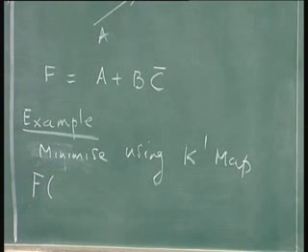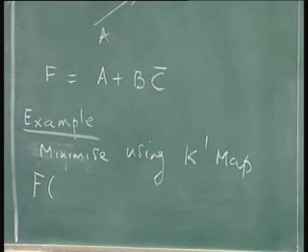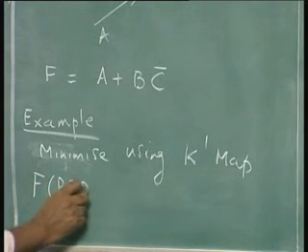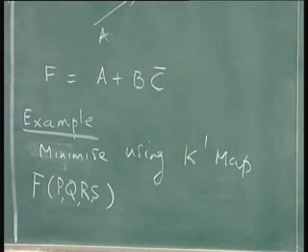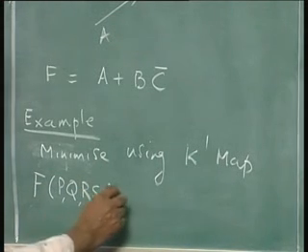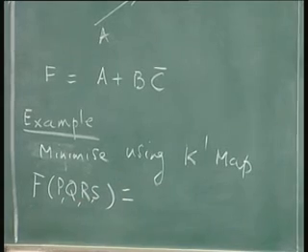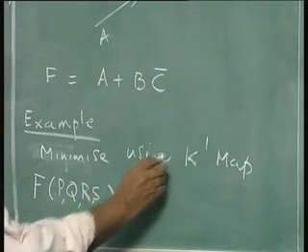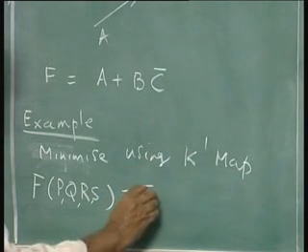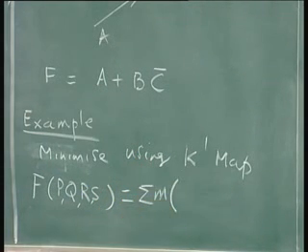I can now give the variables of any function. For a change, we will go from ABC to PQRS. A function of 4 variables P, Q, R and S, which is true for the following minterms. I am going to write arbitrarily. I am not having any particular function in mind. When you put sigma m, the following minterms are having 1 as the output, or true as the output, and the rest of the minterms are having 0 as the output.